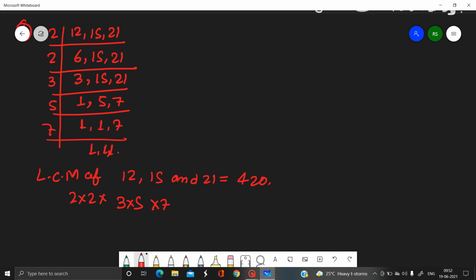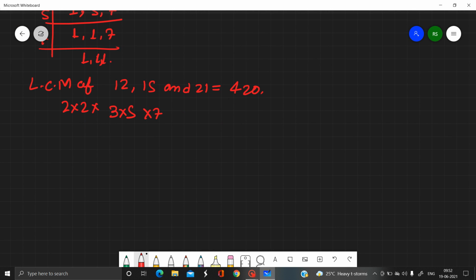Now in the same way I am doing prime factorization of these numbers and finding the HCF of the numbers. First, the first number I am taking is 12. When doing prime factorization of 12, I will go with 2, I will get here 6.